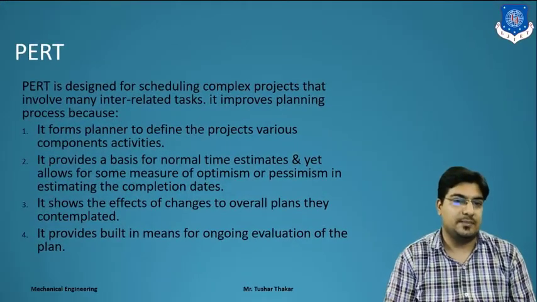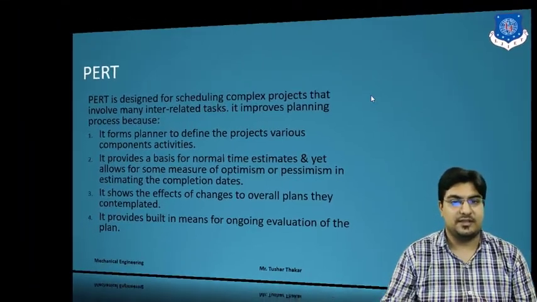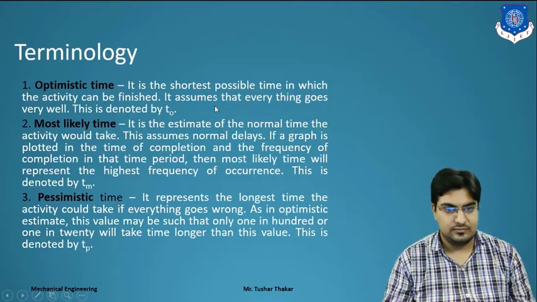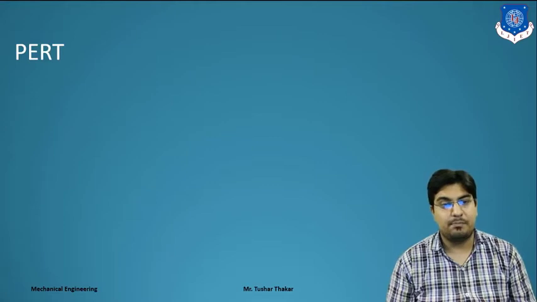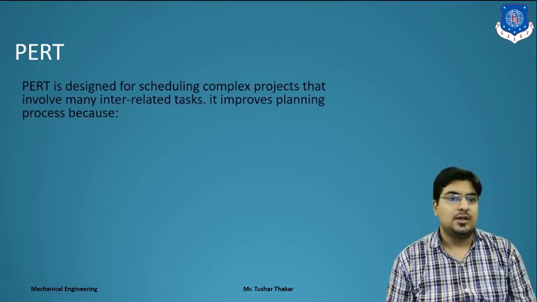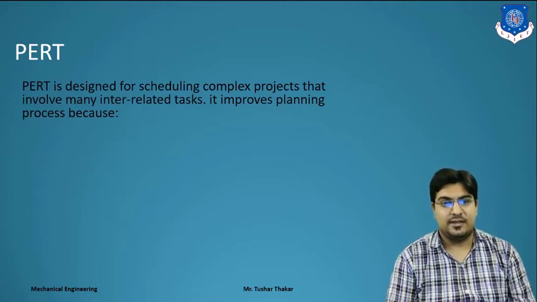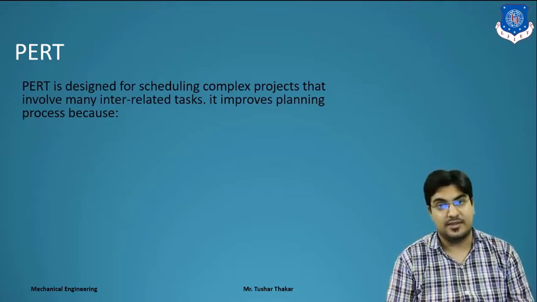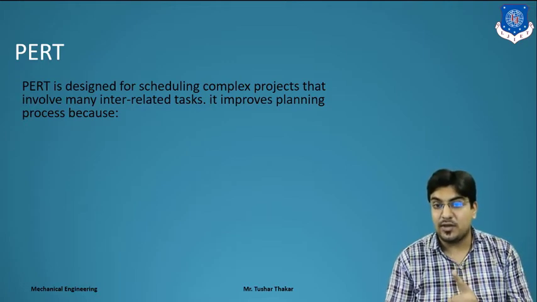Next, what is PERT? PERT is designed for scheduling a complex project that involves many interrelated tasks. It improves the planning process. The main thing is scheduling a complex project.